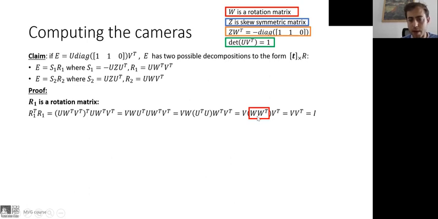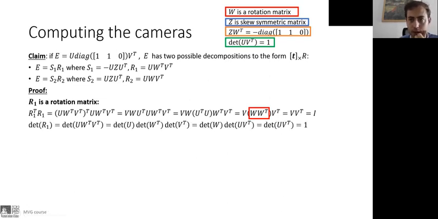W, as we showed, is a rotation matrix, so W W transpose is identity, and V V transpose is again identity because V is an orthogonal matrix. Okay, so it's just trivial to show that R1 transpose R1 is identity.